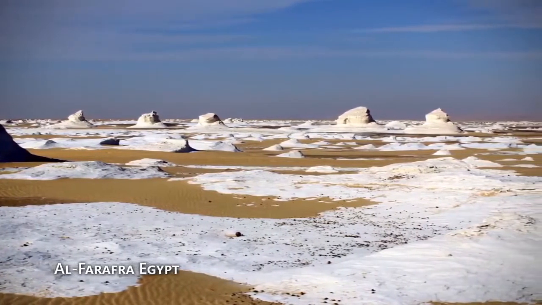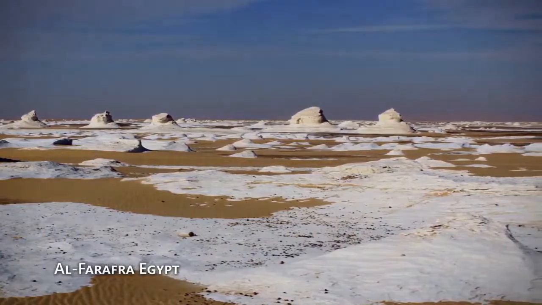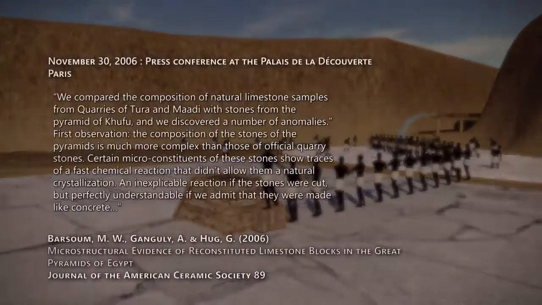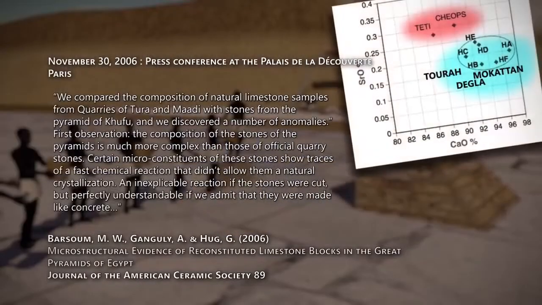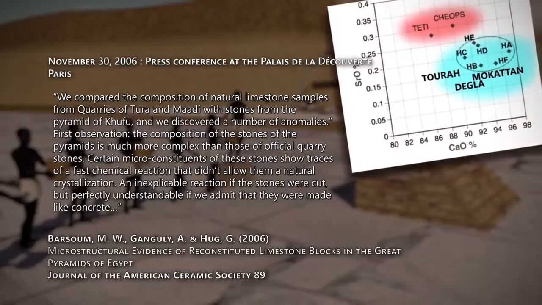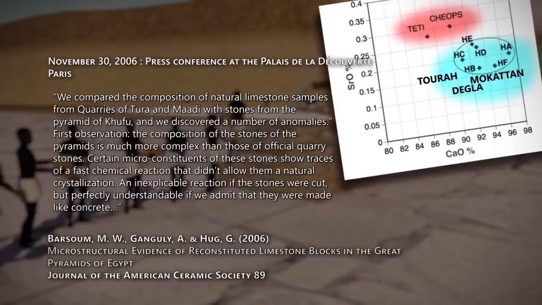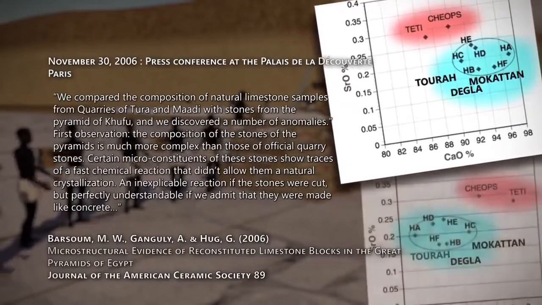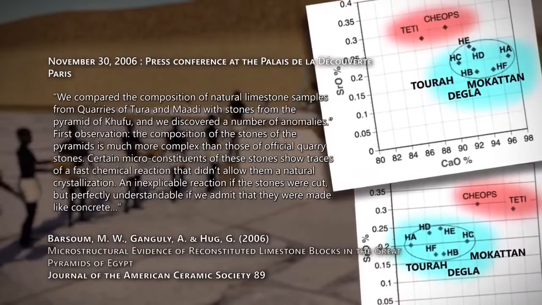Davidovits' analyses show that the composition of the Khufu stones does not contain Tura limestone. We compared the composition of natural limestone samples from quarries of Tura and Maadi with stones from the pyramid of Khufu, and we discovered a number of anomalies. First observation: the composition of the stones of the pyramids is much more complex than those of official quarry stones.